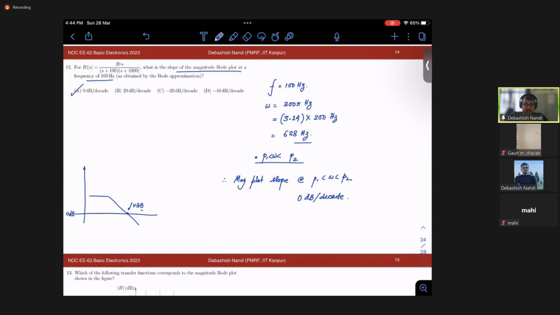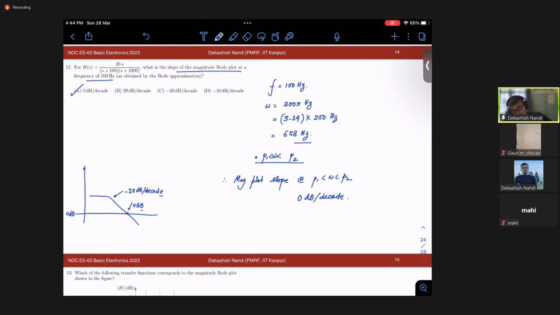In many circuit analysis techniques, you want this to be minus 20 dB per decade, right? The simple reason is that minus 20 dB per decade refers to only one pole. One pole means your circuit is a first order circuit, and a first order circuit is always stable, right?